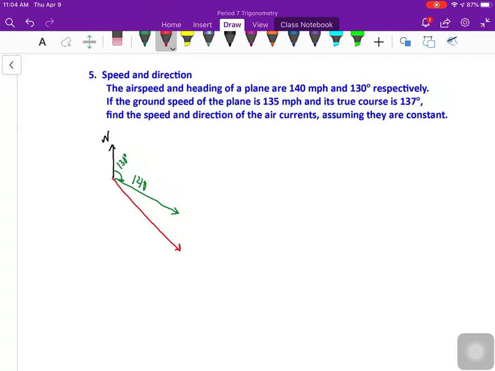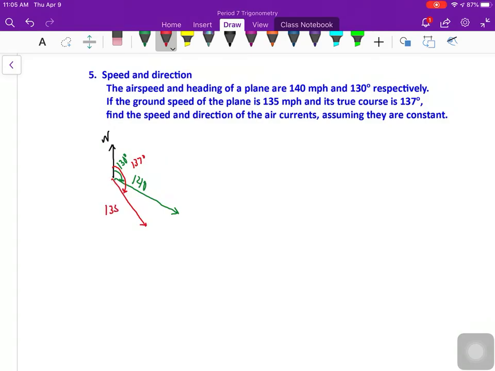But we actually get blown a little bit down to the south. So 137 degrees would put us a little further down to the south. Now I exaggerated that a little bit. So this red angle here is 137 degrees.